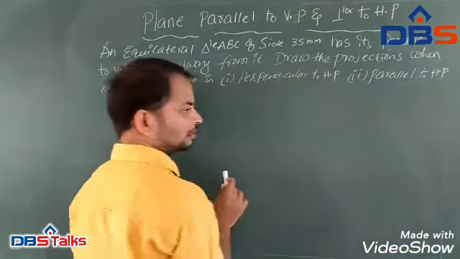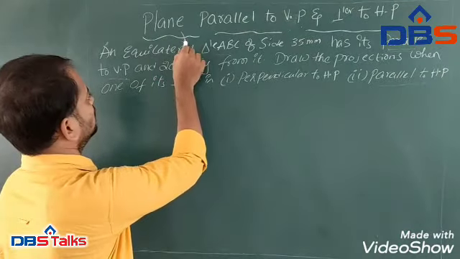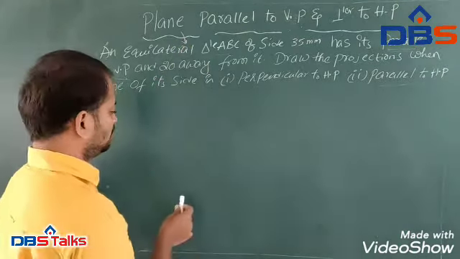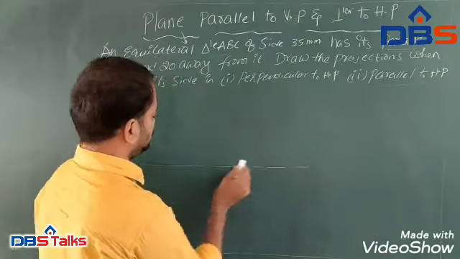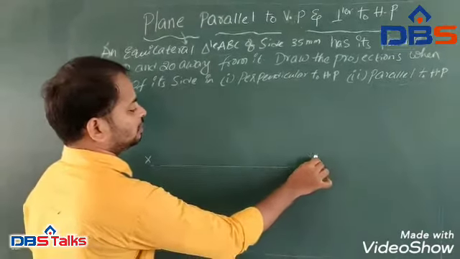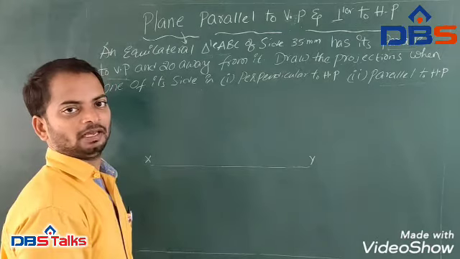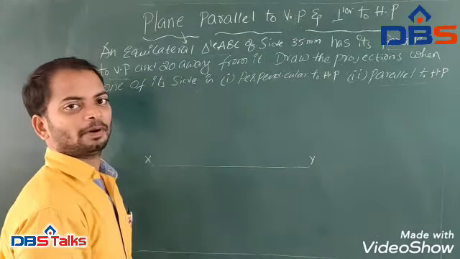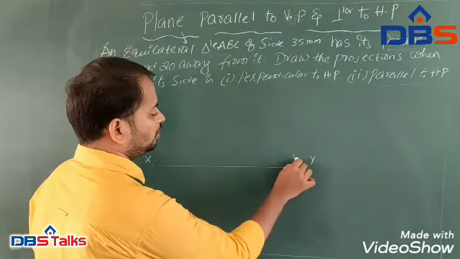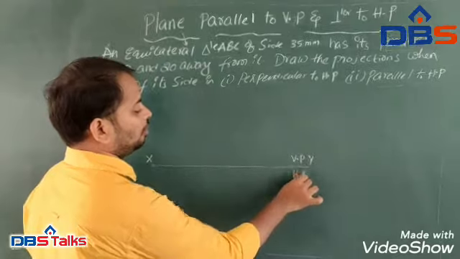Then coming to the projections of the plane, that is the equilateral triangle, let us draw XY. This is called the principal line where HP and VP intersect each other and are mutually perpendicular. Above the XY it is the vertical plane, below the XY it is the horizontal plane.